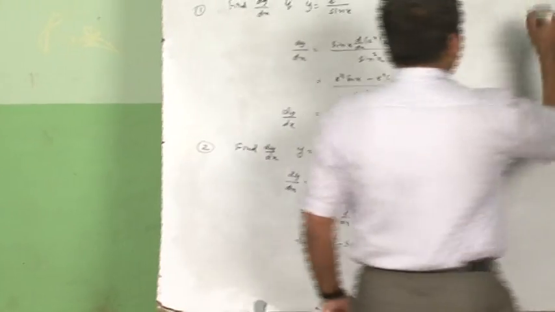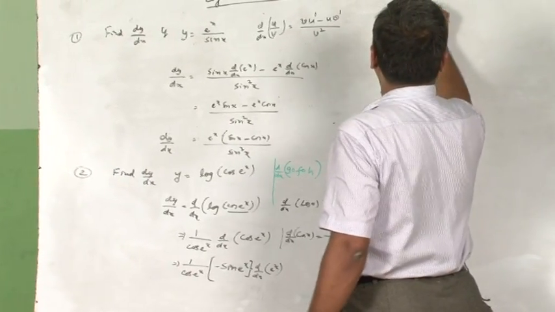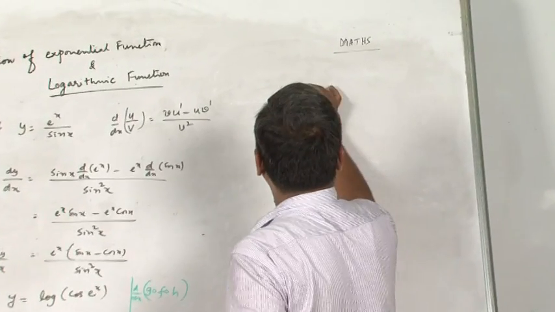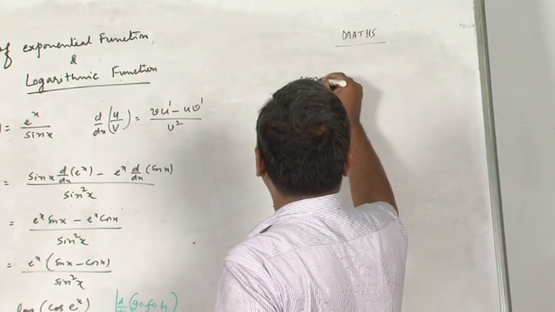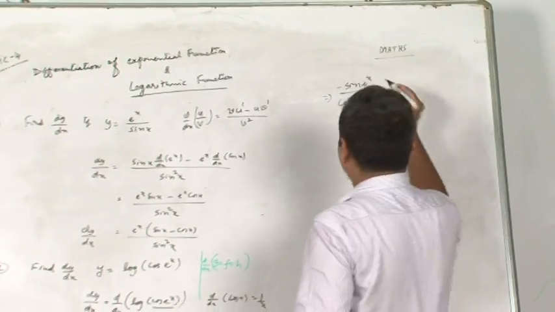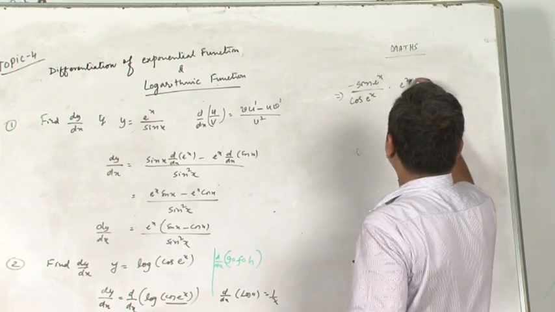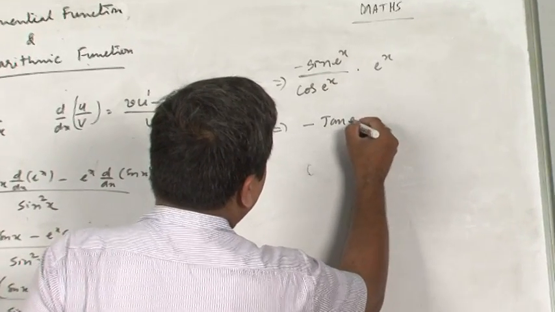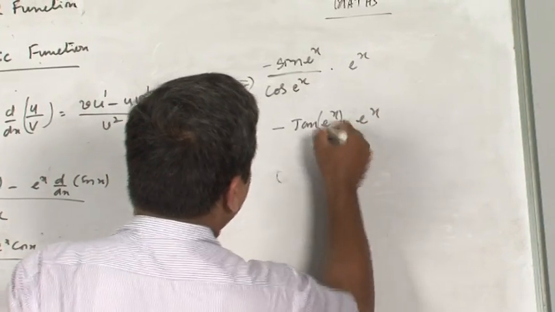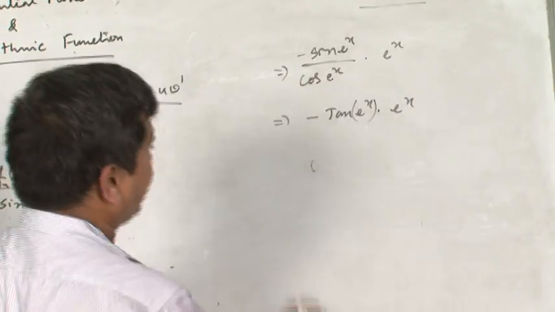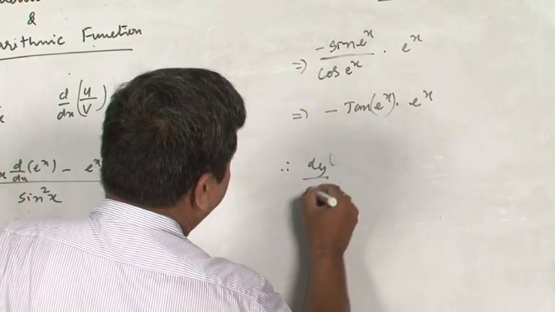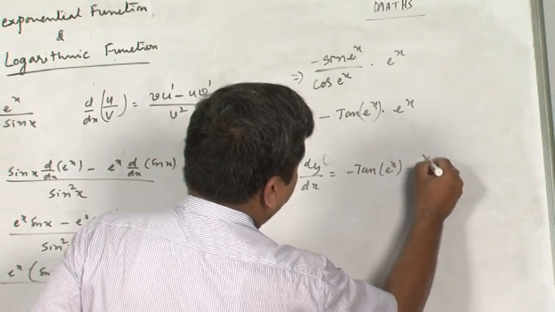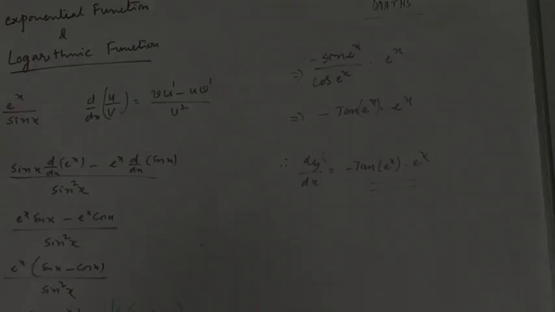This is again 1 upon cos e power x, minus sin e power x, into differentiating e power x is e power x. It is like tan e power x into e power x, sin theta by cos theta. Therefore, dy by dx is equal to minus tan e power x into e power x, which is your answer.